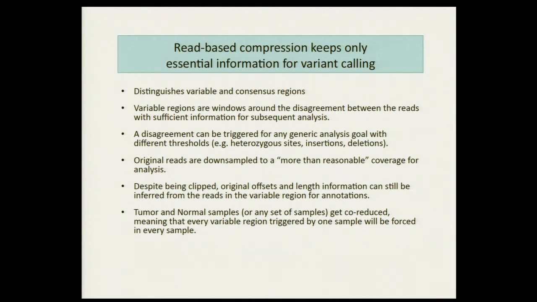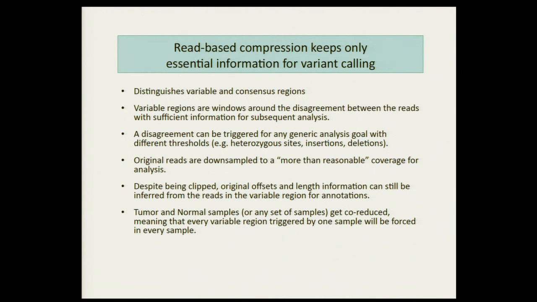In the end, once we have a variant region, we also do a second step of downsampling. Even though that region is complicated and we've decided not to compress it, we still don't really need thousands of reads to decide what's going on there. So we apply a very generous downsampling step.